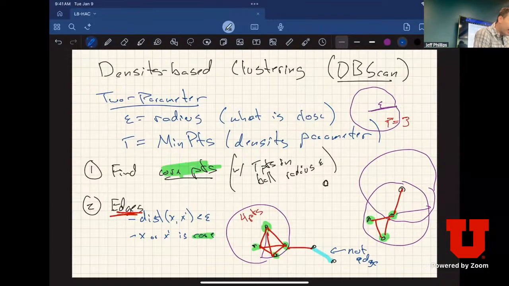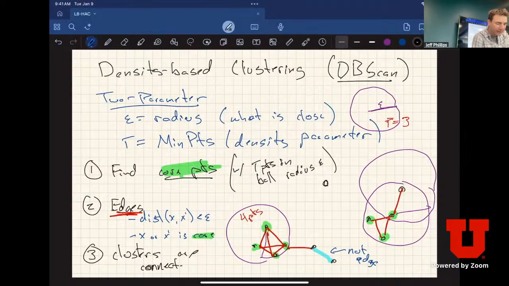Now my clusters are the connected components. So I get two clusters out of here.